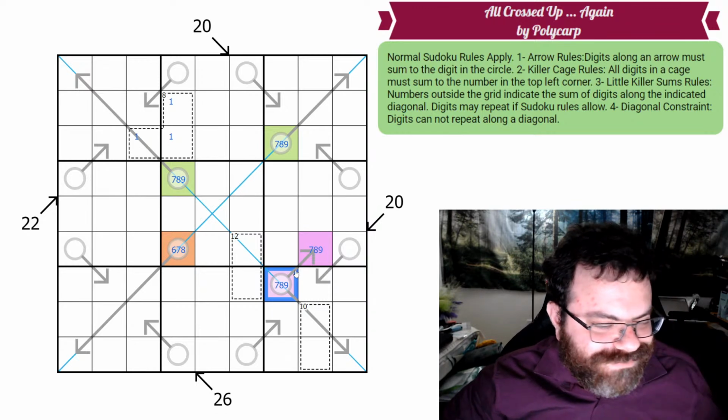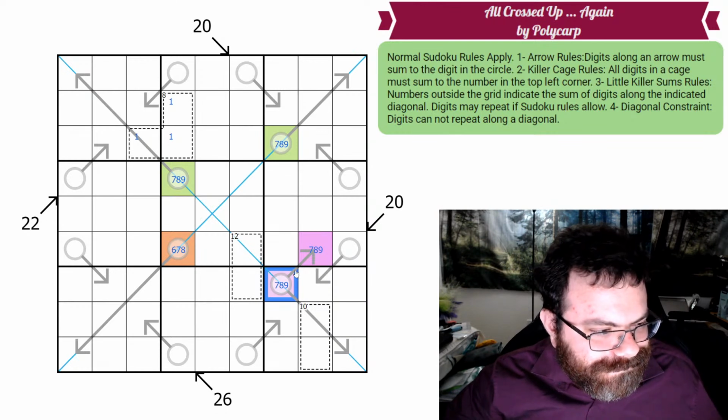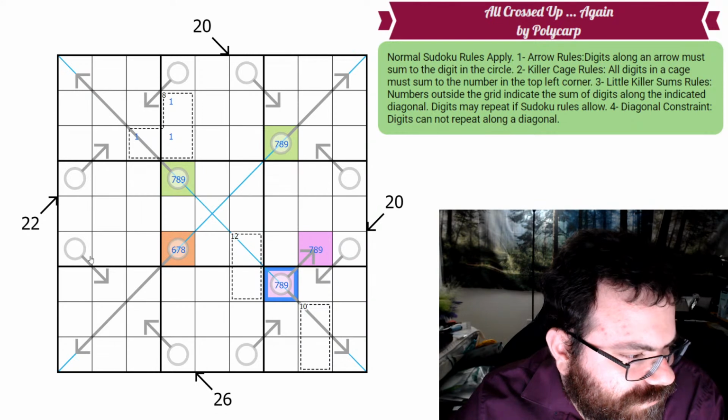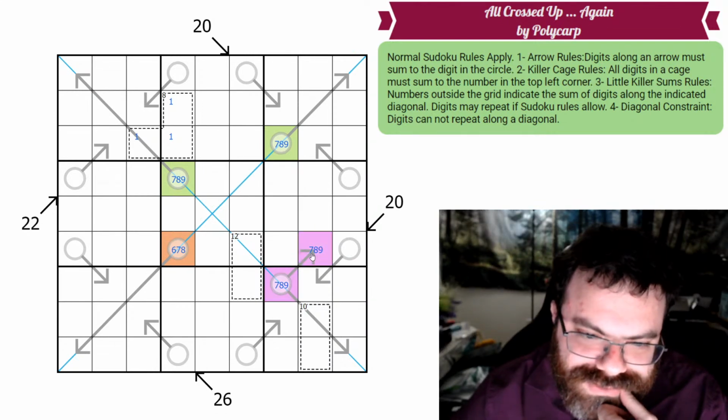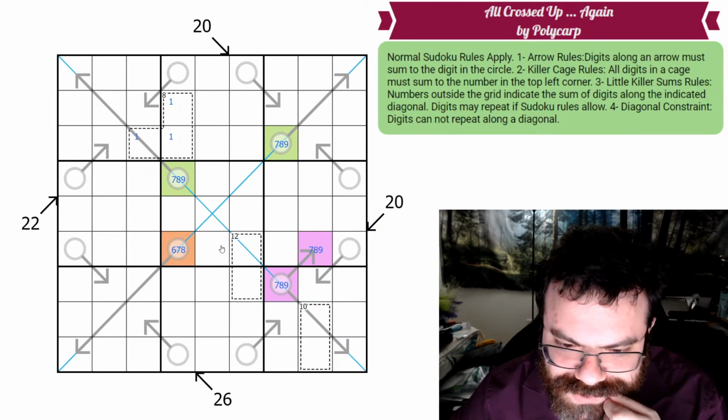You're not getting the money back if it's true. All right. So if any of them are 6, it's got to be orange. That's good to know.